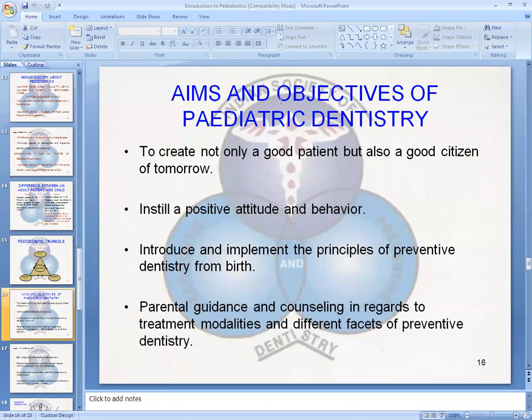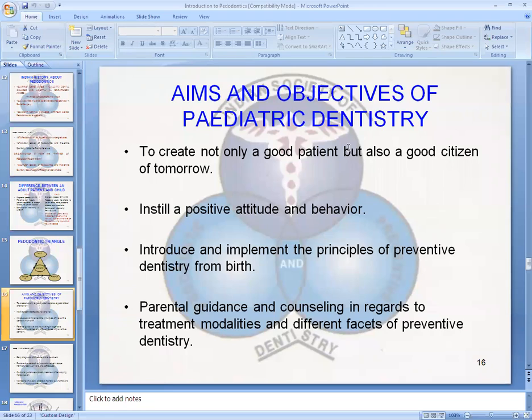So what are the aims and objectives of pediatric dentistry? We create not only a good patient but also a good citizen of tomorrow. When a child patient comes, he is very cranky, but as you keep giving behavior management, in the first visit he is very cranky, but in the second visit he becomes a little cooperative, and in the third visit the patient becomes fully cooperative.